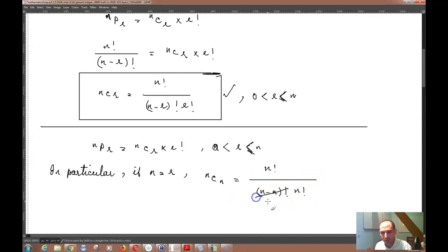This would be 0 factorial, which is equal to 1. And this n factorial and n factorial you can cancel out, you will get 1. That means that n combination n is equal to 1.